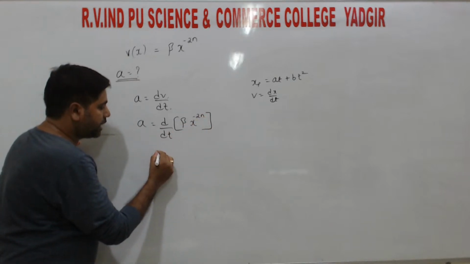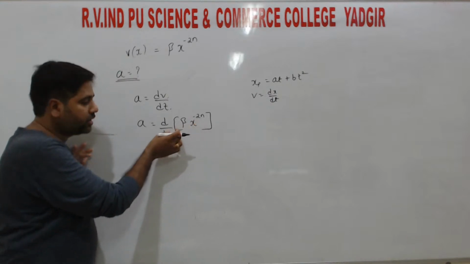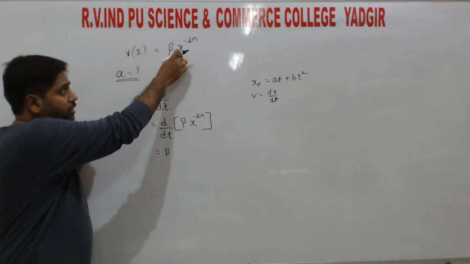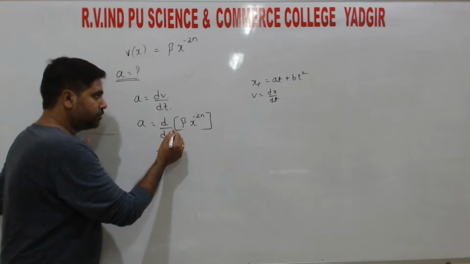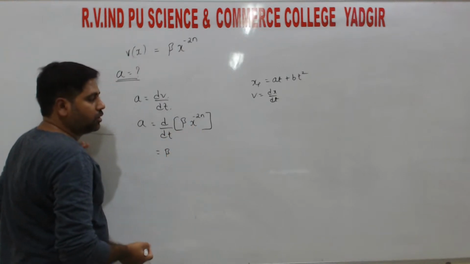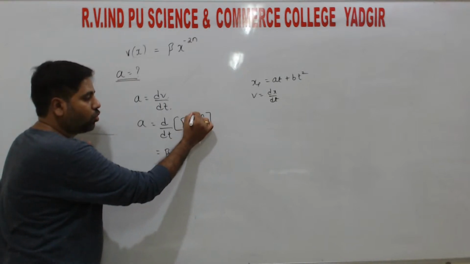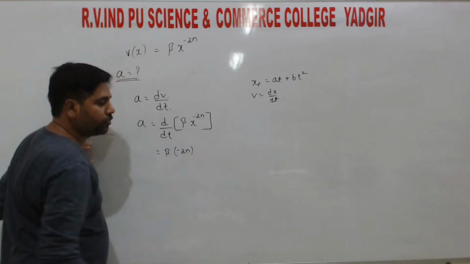So beta, keeping outside, only differentiating x with respect to t, but this velocity is with respect to x, not with respect to t, right? So beta keeping as is, differentiation of x power minus 2n. This whole we take as n, so minus 2n, right?